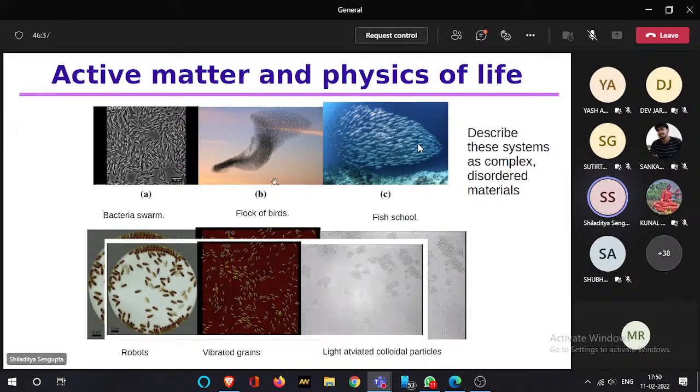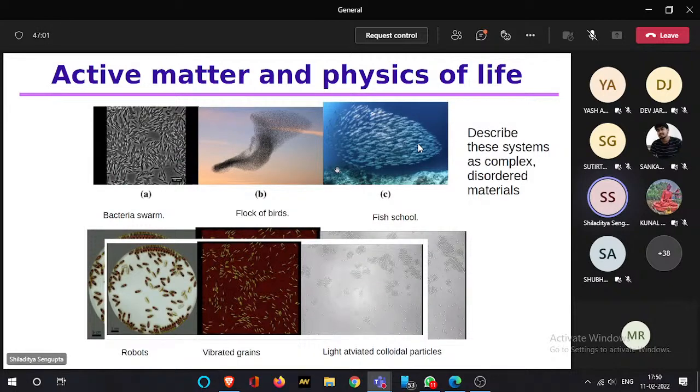These are not regular periodic structures, so they are disordered and of course complex. These systems are called active matter systems because the individual particles can move, like they are self-propelled. They have a mechanism for motion by themselves.